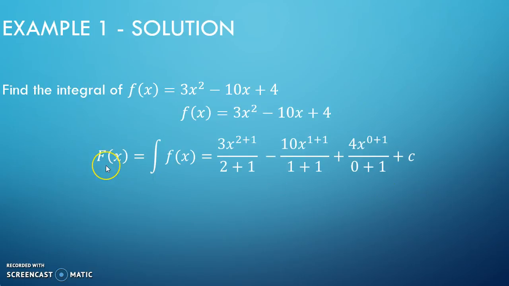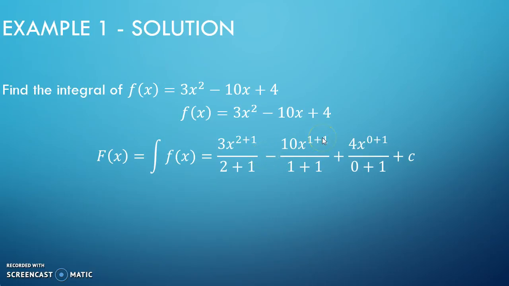Okay, so we want to find the integral. So the integral of this function, so for this first term 3x squared, 3 stays the same. We add 1 to our index and we divide that by 2 plus 1. So the index plus 1 again. Likewise for this one, we keep the sign the same, nothing changes on the sign.